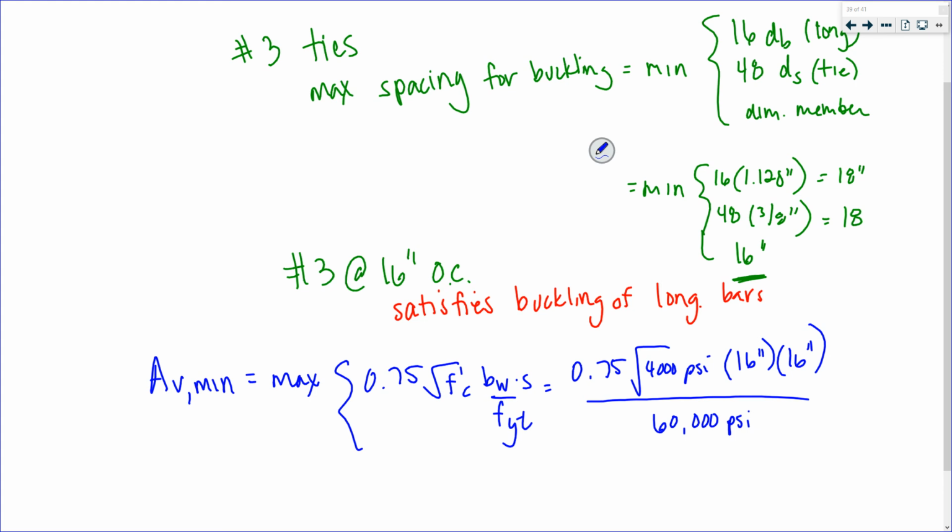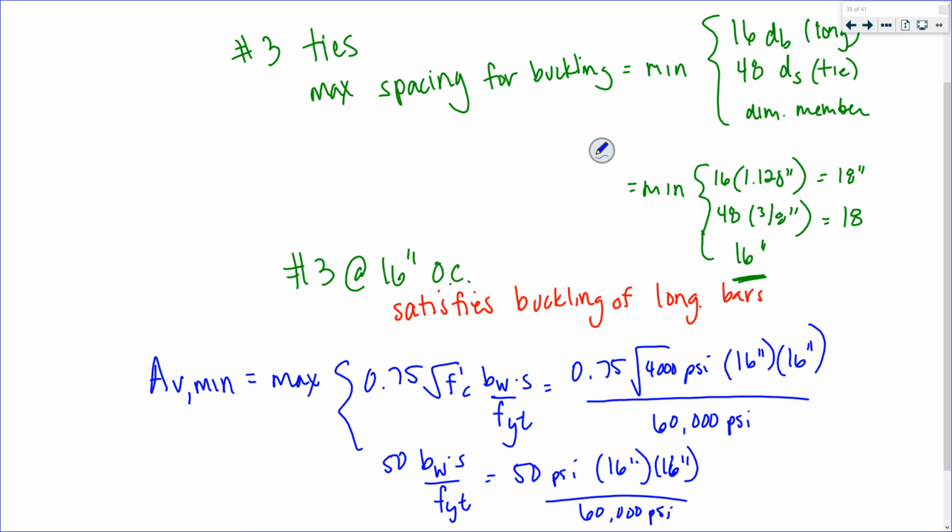Or it's 50 bw s over fyt. So 50, that's psi, 16 inches, 16 inches, over 60,000 psi. That's not good.